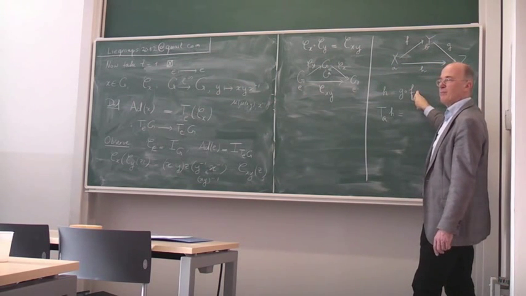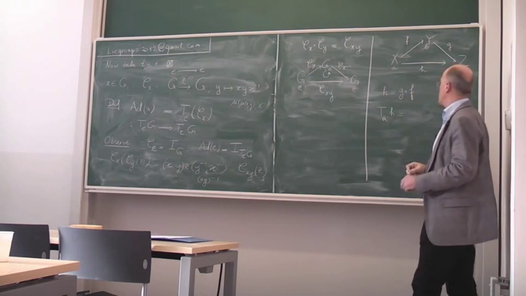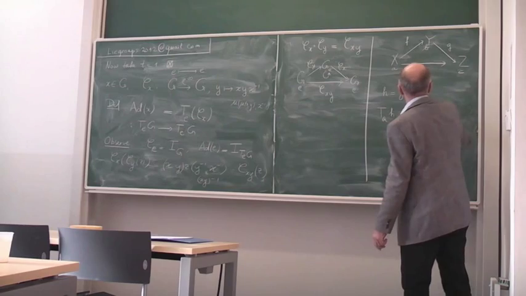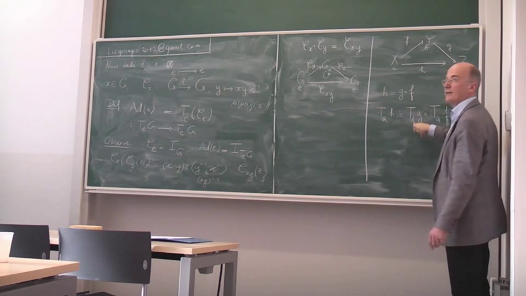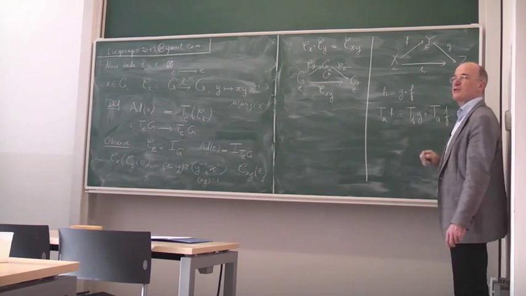The tangent map behaves very much like the total derivative, because in local coordinates it may be identified with the total derivative. So this is the tangent map at B of G composed with the tangent map of F at A. This is really the derivative of G at the point F of A that I'm writing down here. And then this formula should be familiar to you.